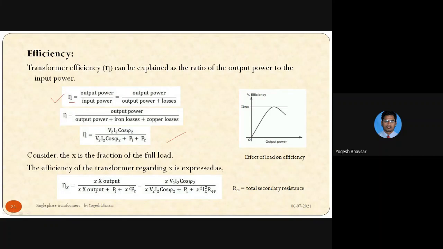But you know that practically this cannot be possible. Every machine, even a human being, cannot give 100%. There will be some minor losses. Every machine, whether mechanical, electrical or electronic, will have some losses, and due to that it doesn't give 100% output.